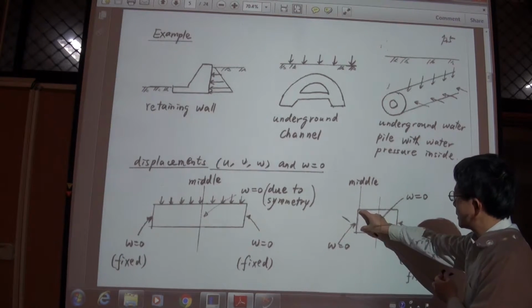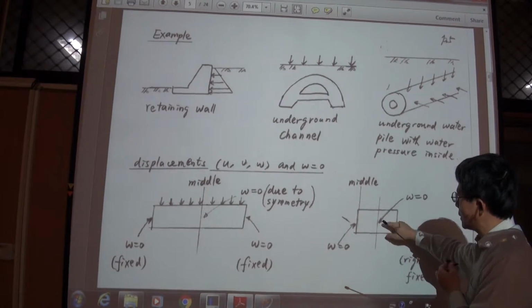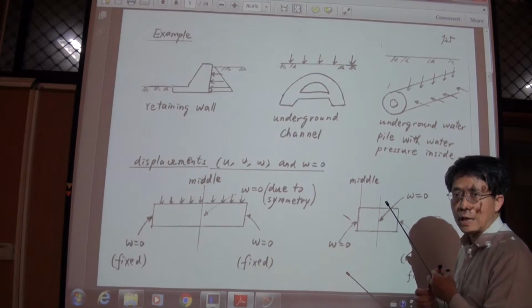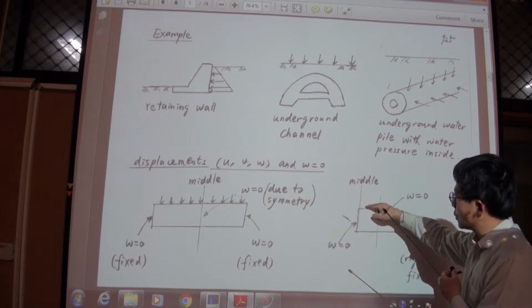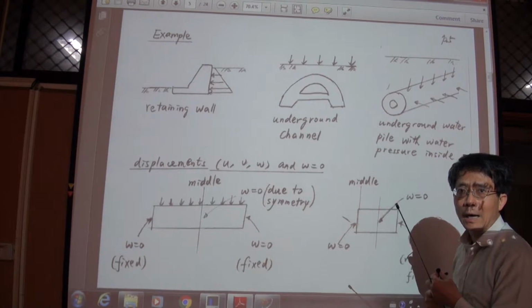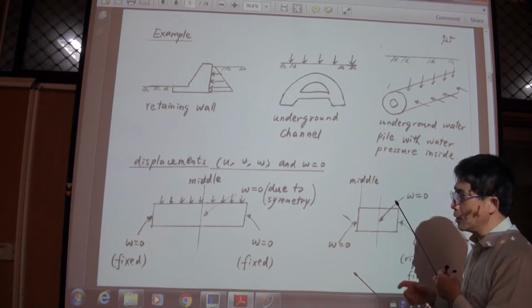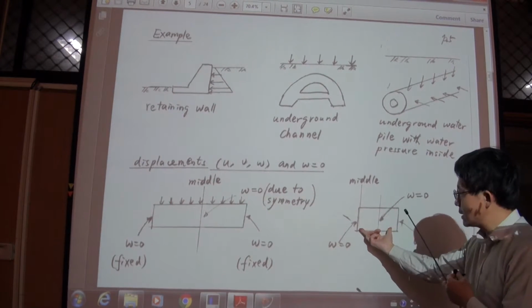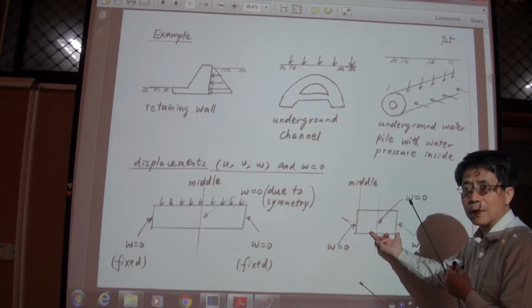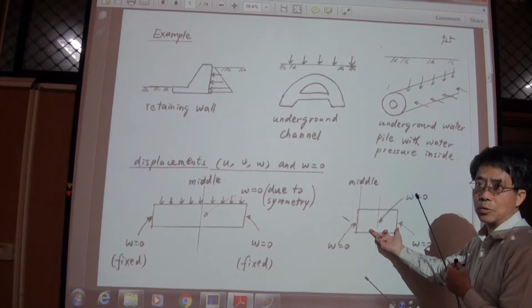See, for this free body, the shape and the size of every section is the same, and also the loadings are uniformly distributed along the z-axis. So this free body must be in a symmetric situation too.